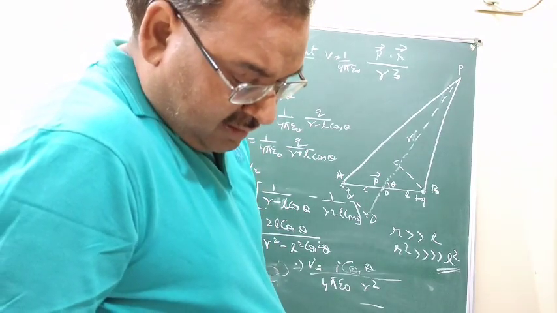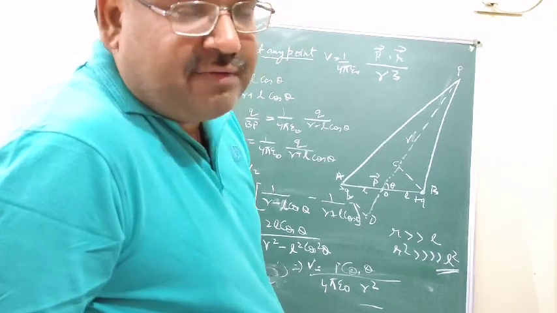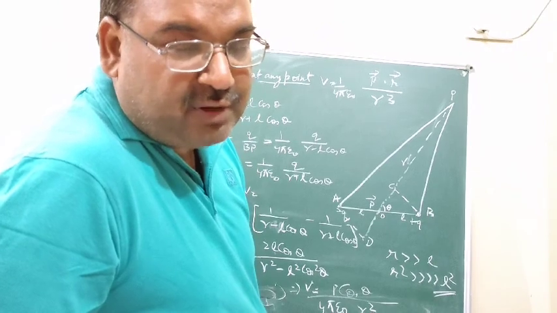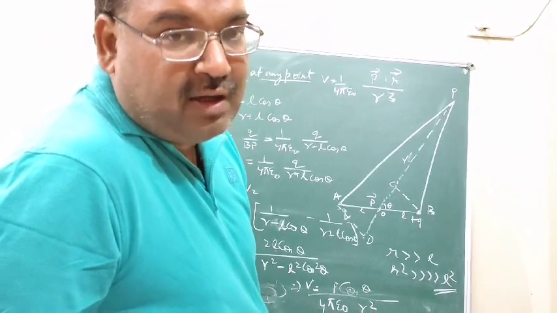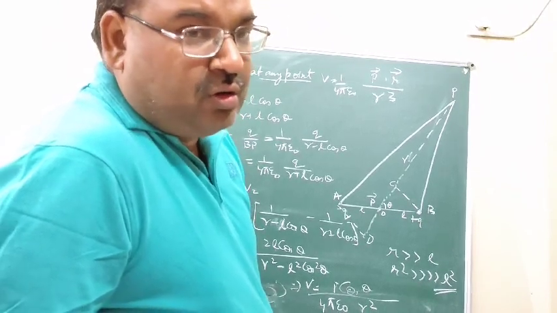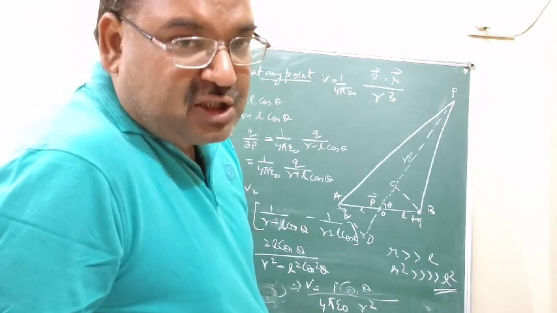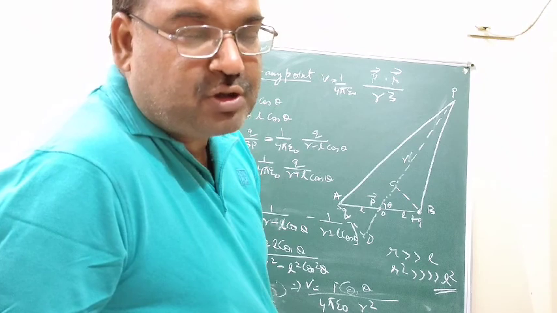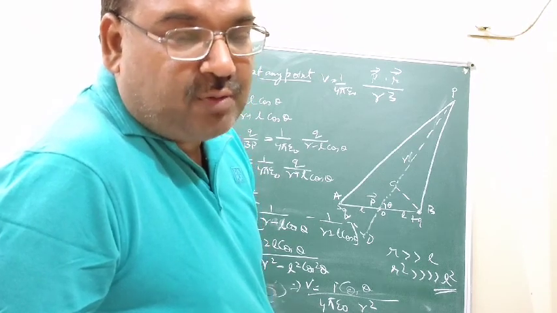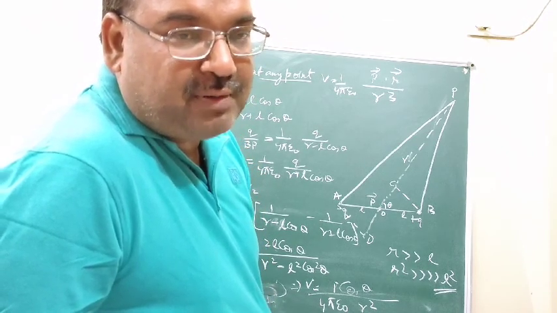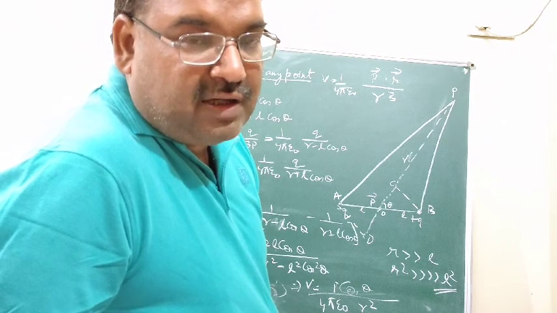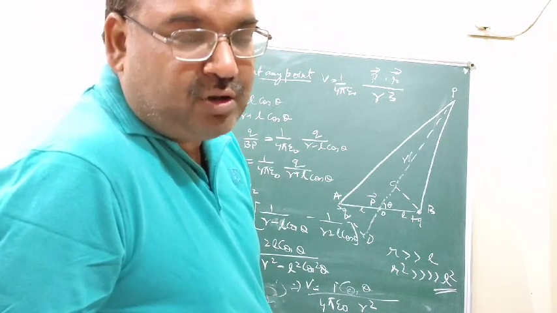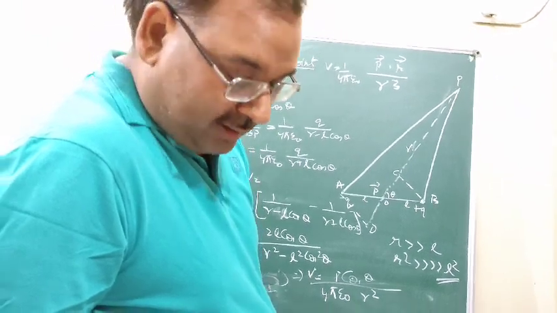Potential due to an electric dipole is inversely proportional to R square, but due to a discrete charge, it is inversely proportional to R. We have the formula due to a point charge, 1 upon 4 pi epsilon naught Q upon R, whereas due to an electric dipole, it is 1 upon 4 pi epsilon naught P upon R square.